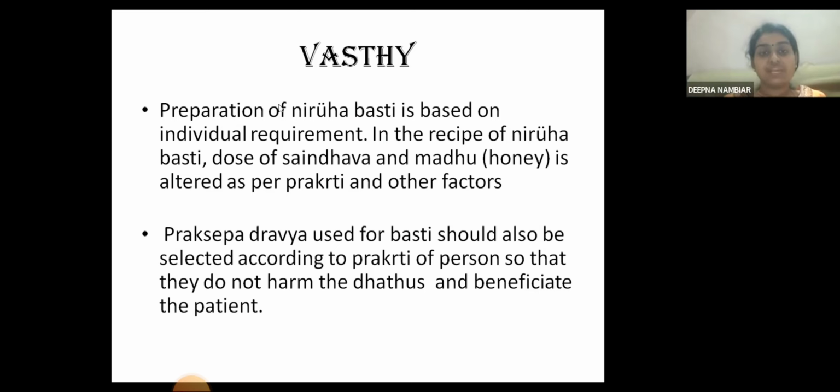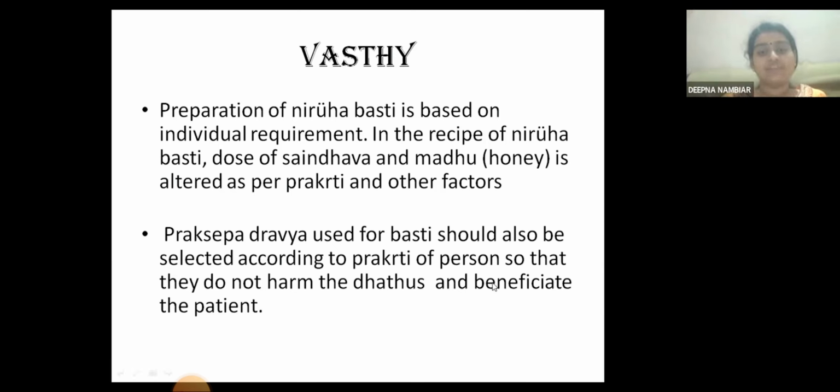So say the Samhitas. The preparation of Niruha Vasti is based on individual requirements, and in the recipes of Niruha Vasti, the dosage of Saindhava and Madhu is altered as per Prakriti, and many factors, as we all know, the Vyadhi of the disease, and also the Bala of the patient, everything is taken into consideration.